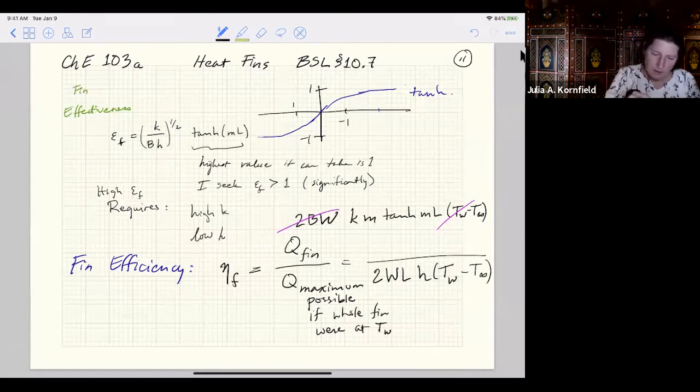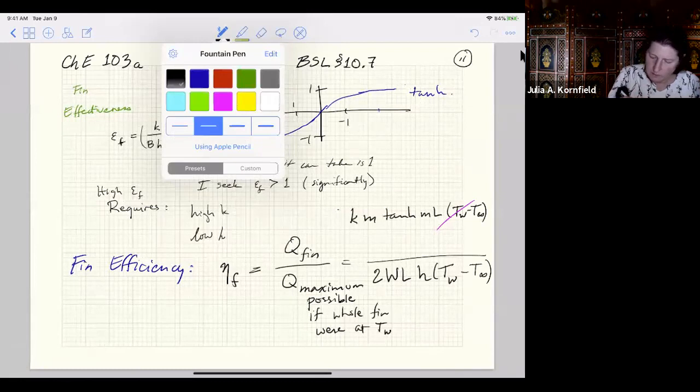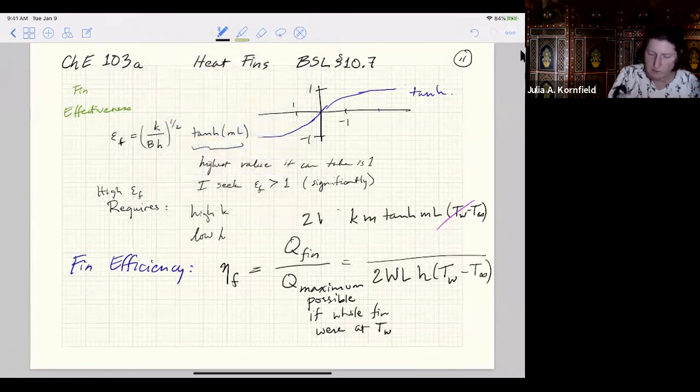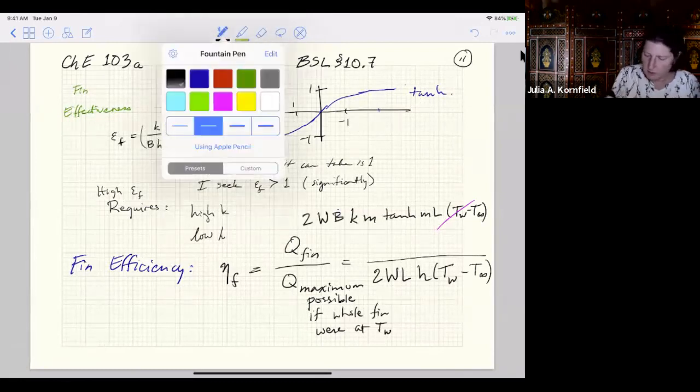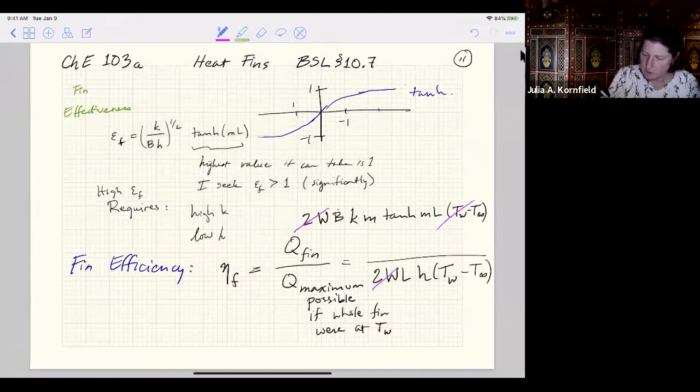So now this one, I'll switch this around a little bit. So this we have, I'll put 2WB so that we can strike through the W's and strike through the temperatures. And then we have KM, LH, is that agreeing with here?